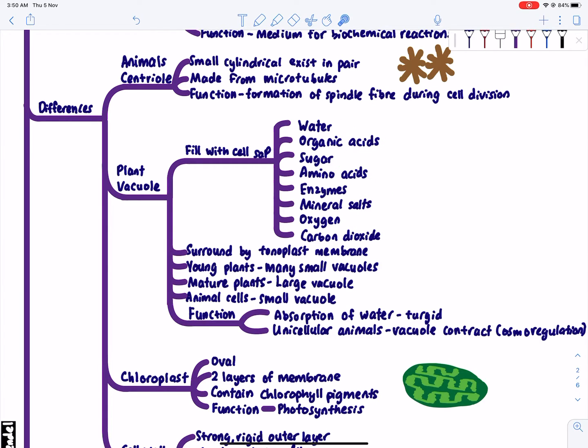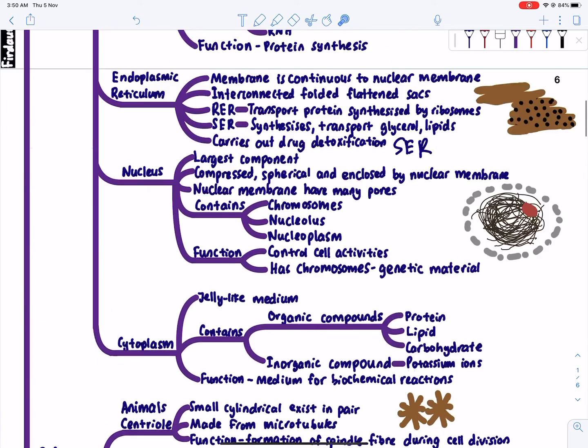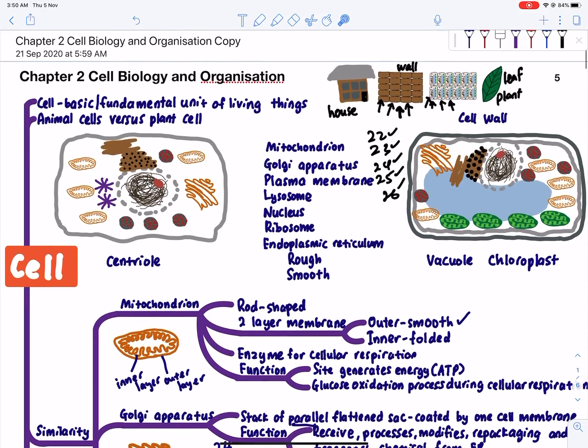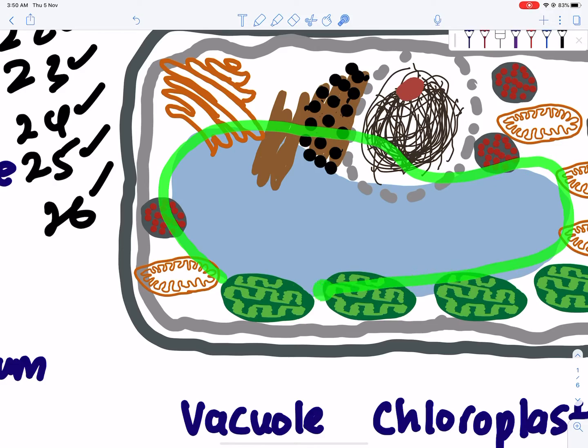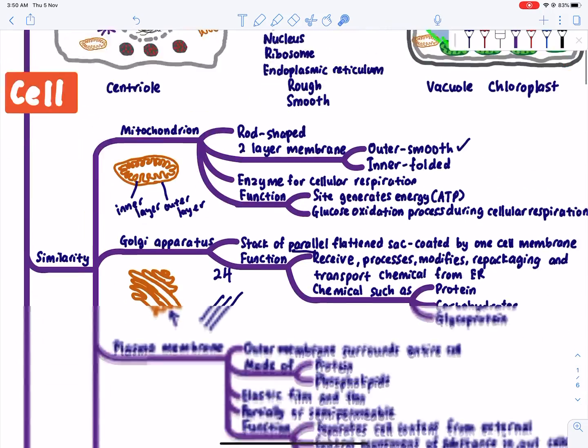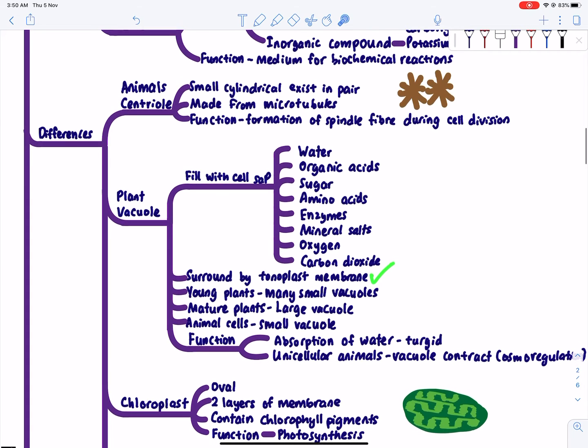All of these are compacted inside the vacuole, surrounded by the tonoplast membrane. The outer layer here we call the tonoplast.